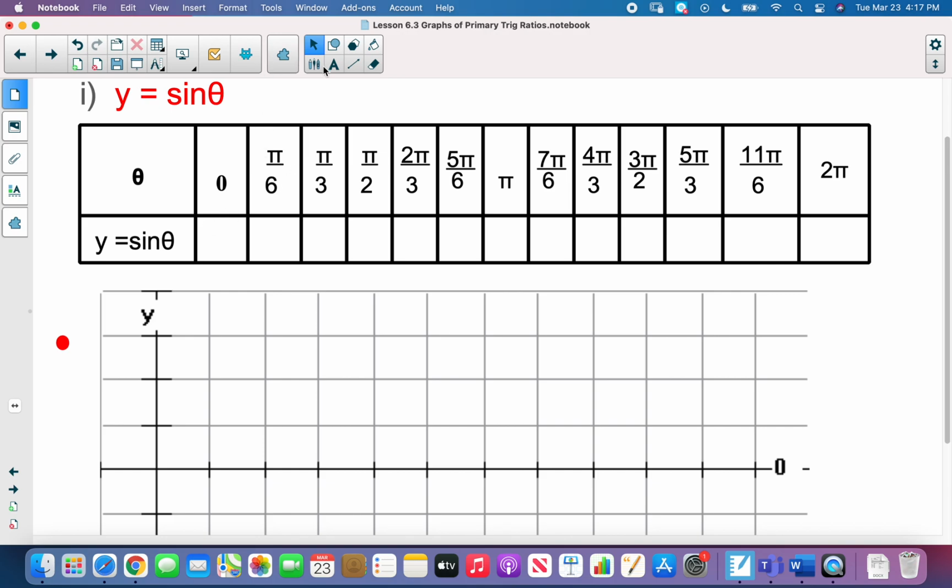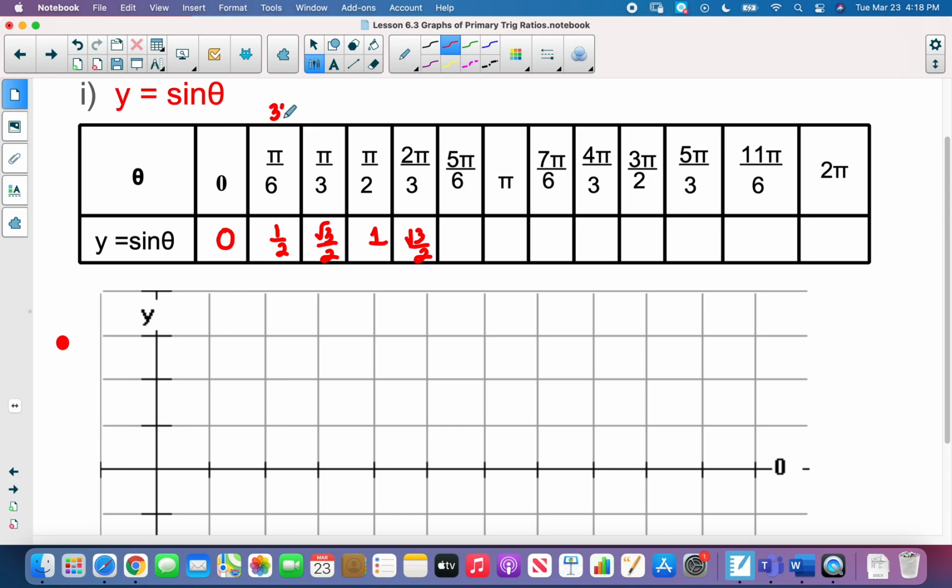And so sine 0 is 0. I'm going to do this in red. Sine 30 is 1 half. Sine 60 is root 3 over 2. Sine 90 is 1. And then sine of 2 pi over 3 is root 3 over 2. So I'm just going to write the angles here just to kind of know.